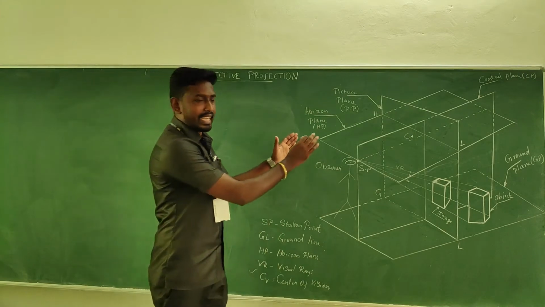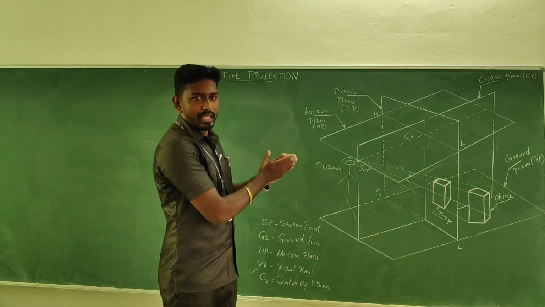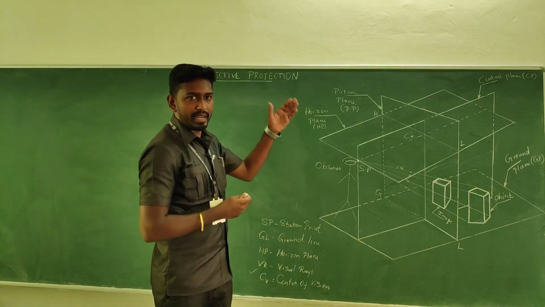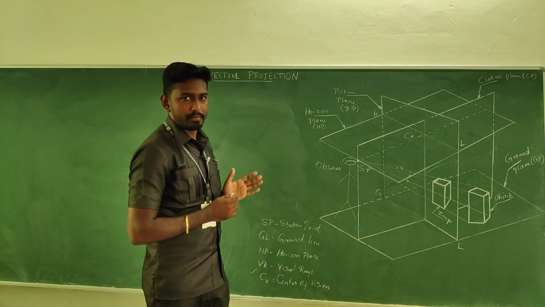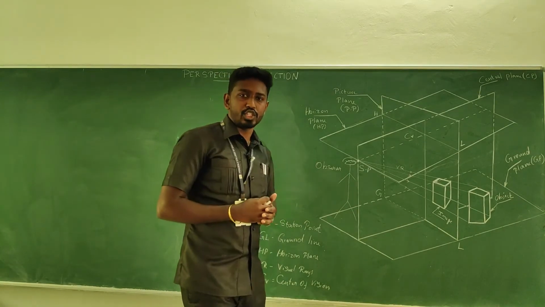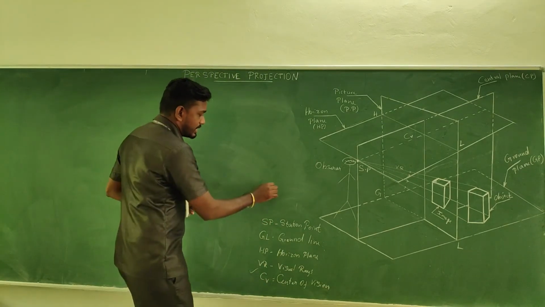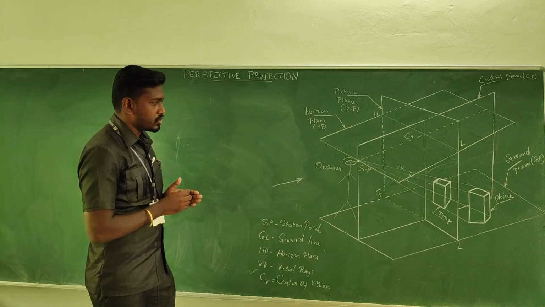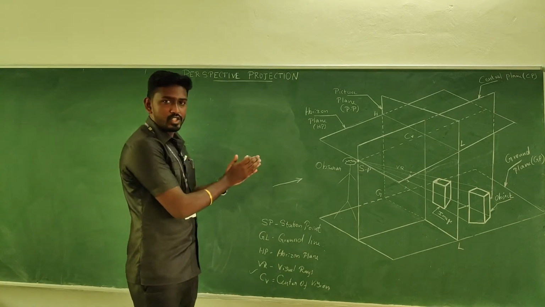So this is the 3D presentation of all the planes: ground plane, picture plane, horizontal plane, and center plane. How to interpret it? In this perspective projection, I can say this is your front view. So this is how the arrangement is done.